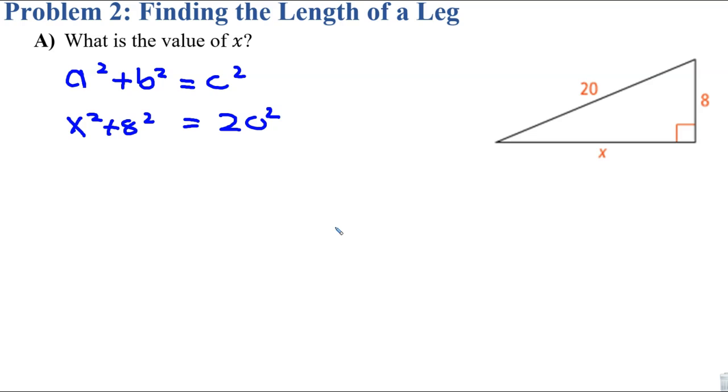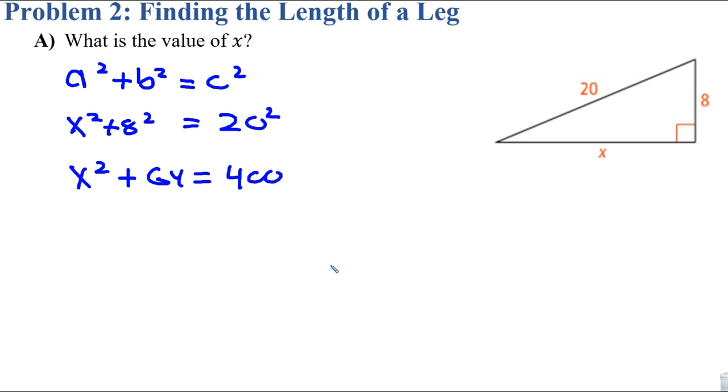Okay, the big thing when you're setting up Pythagorean theorem is get stuff in the right place. If you put the hypotenuse in the wrong spot, you're going to get the wrong answer, so pay attention as you're setting things up. Okay, so at this point I've got, again, a pretty simple equation to solve. Let's square things out. So we've got x squared plus 8 squared, which is 64, is equal to 20 squared, which is 400 again.